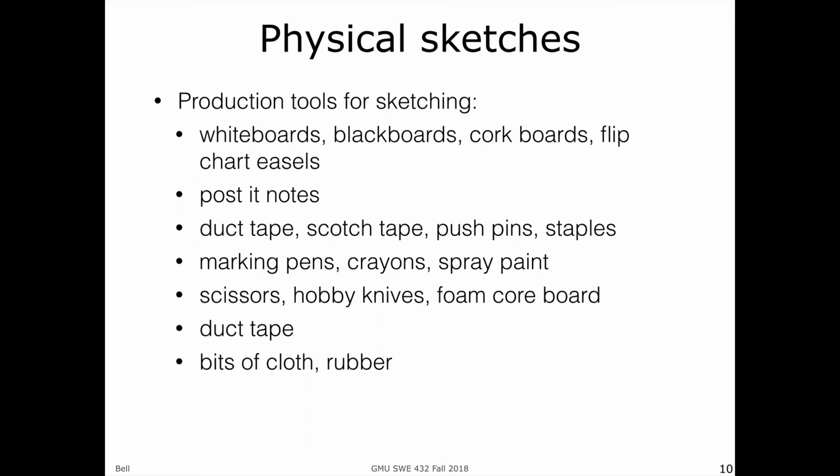Getting really intense, using things like scissors and duct tape can be useful so that you can take parts of a design and move them around physically, like doing copy-paste. I don't know if I'm dating myself here, but I used to copy and paste things by taking a textbook and putting it in the copier and pasting it somewhere else and then recopying it. Copy-paste, haha. But you can use all different kinds of physical materials for sketching.